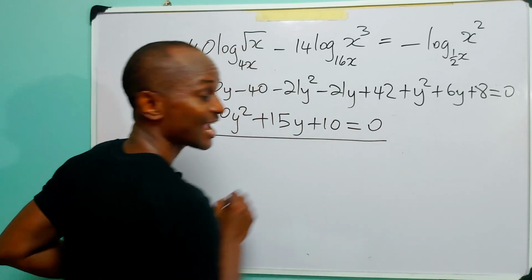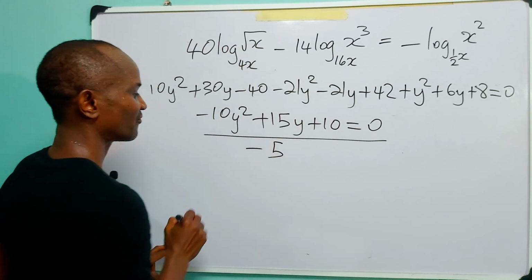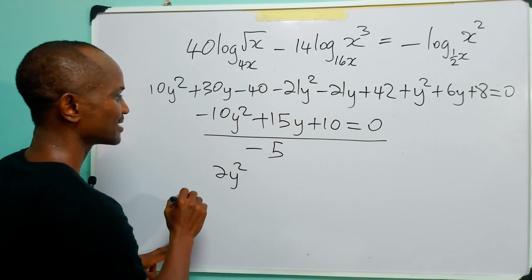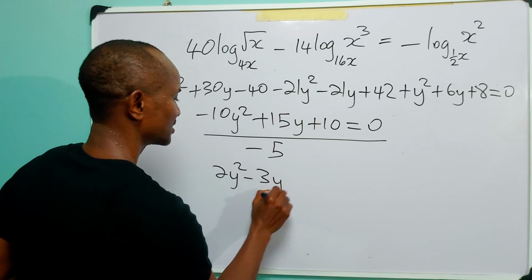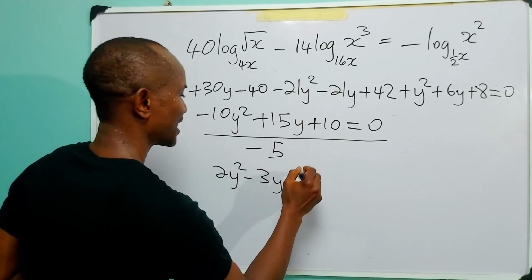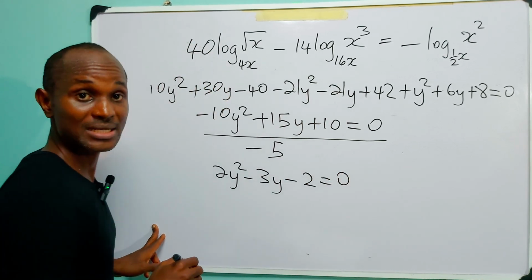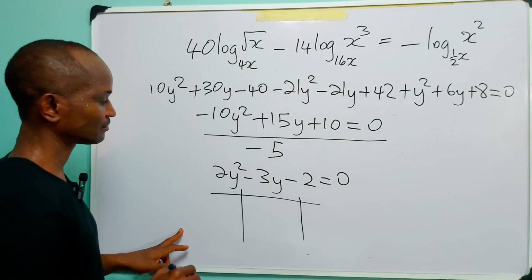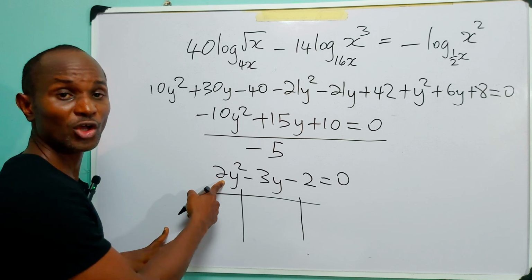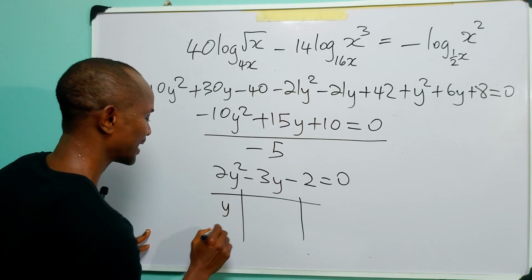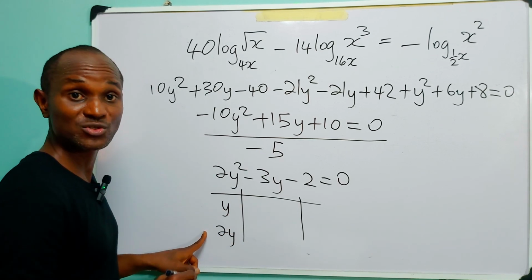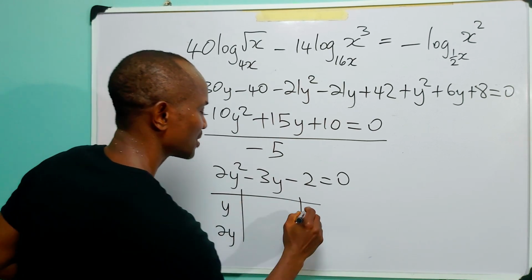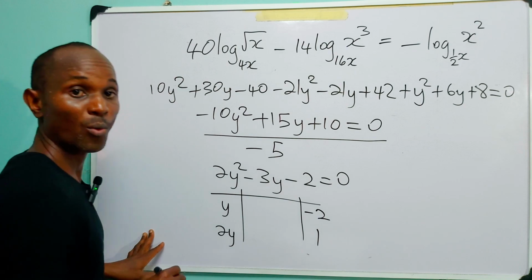Now we can divide everything by minus 5. When we divide this by minus 5, we have 2y squared minus 3y minus 2 is equal to 0. Now we can factorize this quadratic equation, because we know that the factors of 2y squared are y and 2y, because y times 2y will give you 2y squared. And the factors of minus 2 are minus 2 and 1.